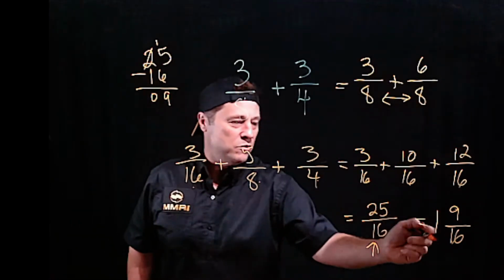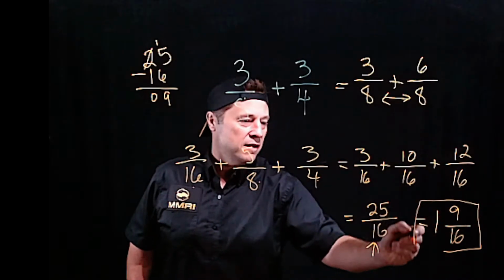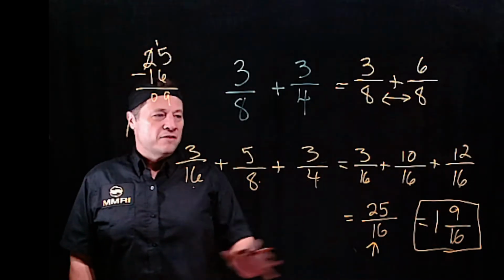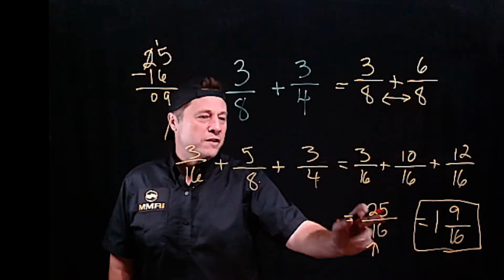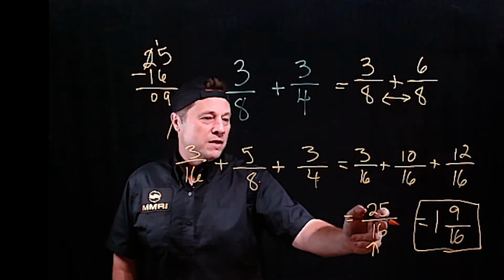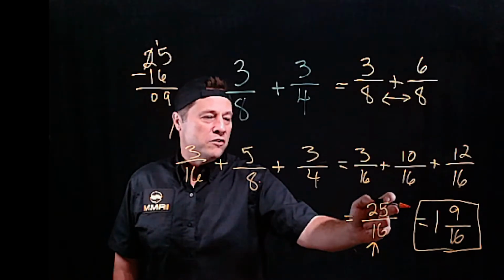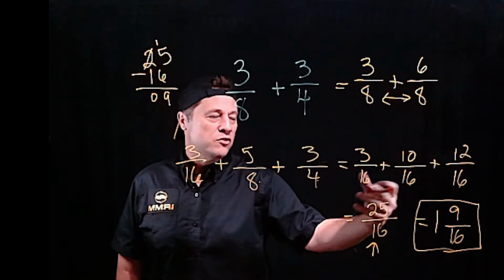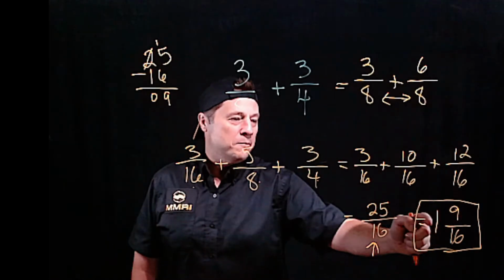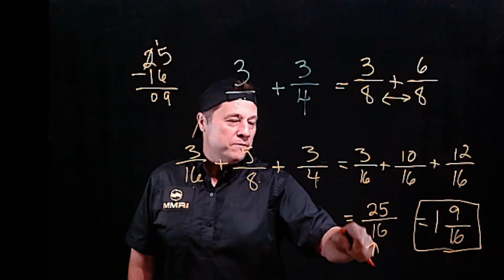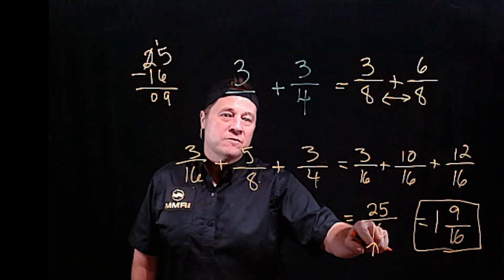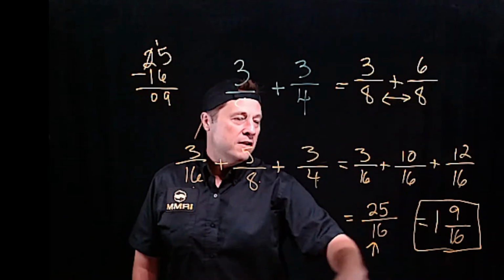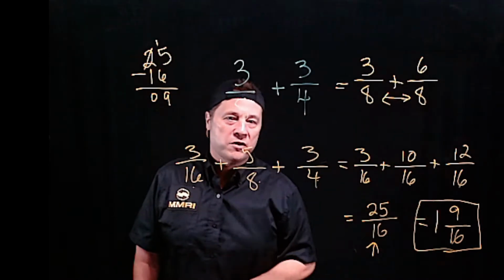When you turn 25/16 into a mixed number, the denominator does not change. You convert your improper fraction into a mixed number by finding the number of wholes, how many 16s there are, first, and you write that number here, and whatever's left over is your numerator.